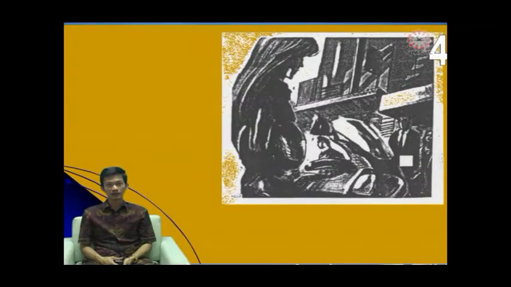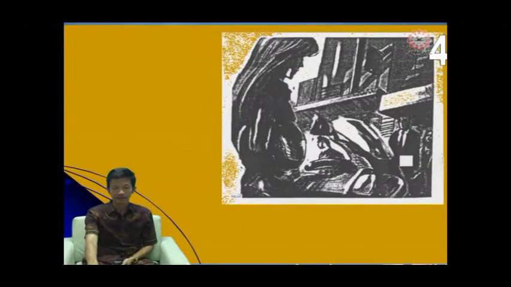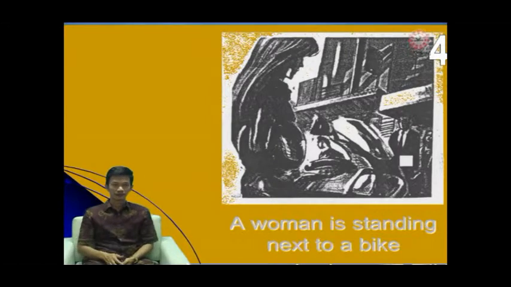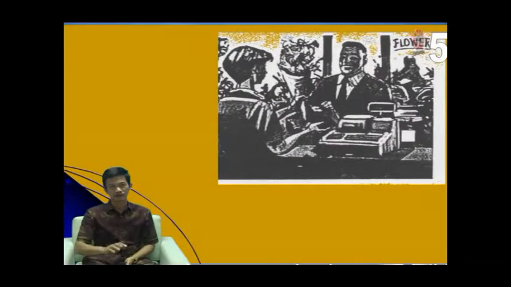Put a woman as the subject. Wow. A woman is standing next to a bike. Do you have the same idea? Or perhaps you have a longer sentence. Let me try. A woman is standing next to a bike across the building. That could be a good sentence to describe the picture.